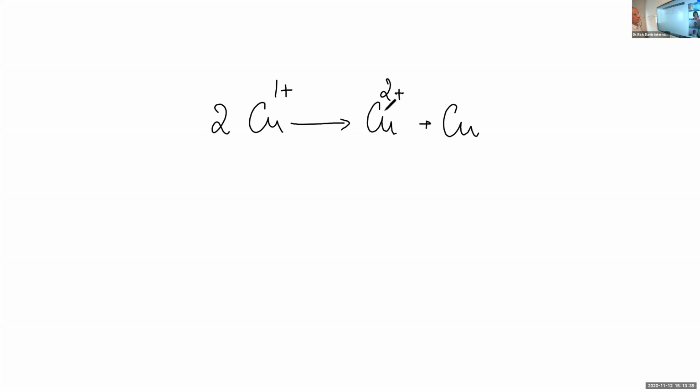Now, what happens to the reactant Cu plus 1? Is it oxidation or a reduction? Tell me. Cu means Cu0. What happens to Cu plus 1? Oxidation, sir.